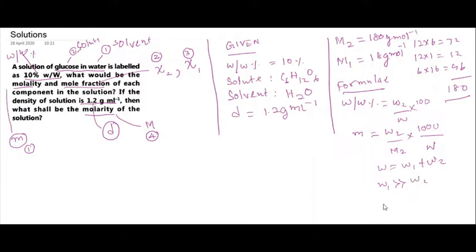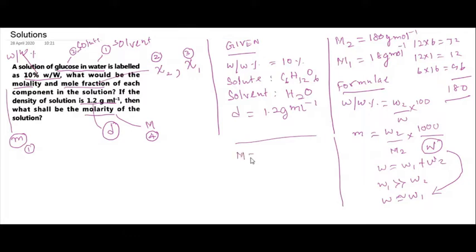So sometimes, in the case of a dilute solution, you can neglect that, so it becomes approximately W is equal to W1. So you can replace this W by W1 also. And the next important formula is molarity.